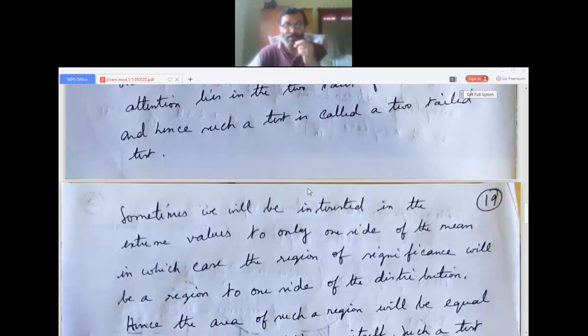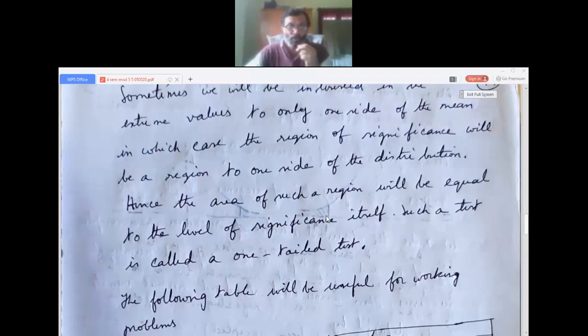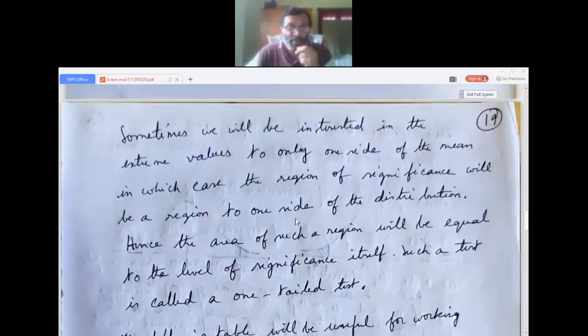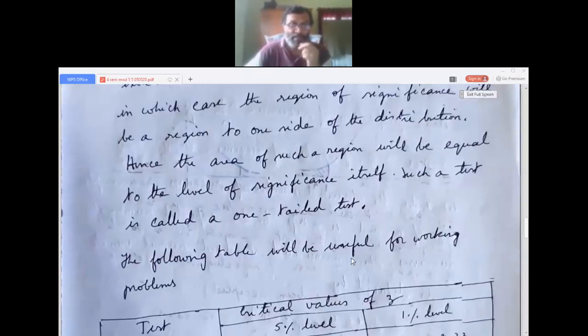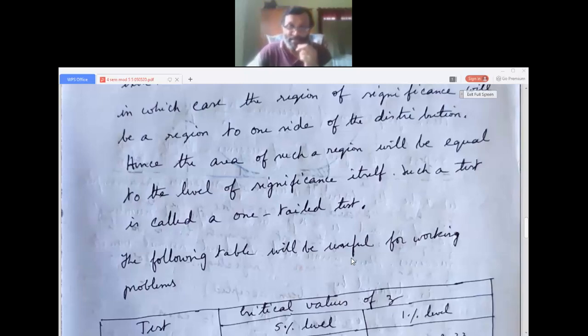Then the region of significance will be a region on one side of the distribution. Hence, the area of such a region will be equal to the level of significance itself. The area of such a region will be equal to the level of significance itself. Such a test is called a one-tailed test.